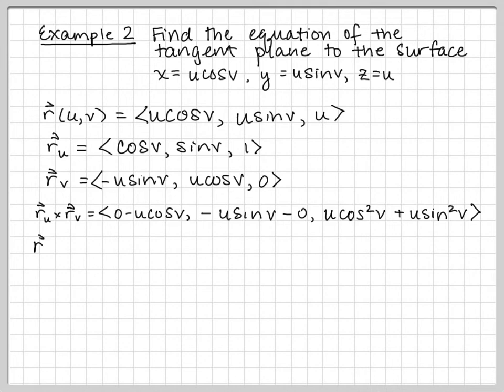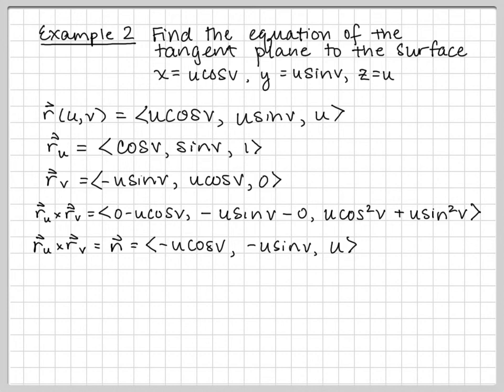Okay, so let's simplify this. So our cross product, and remember our cross product is our normal vector, is negative u cosine v, negative u sine v, and I can factor out the u of this z component and get u times cosine squared plus sine squared, which is just u.